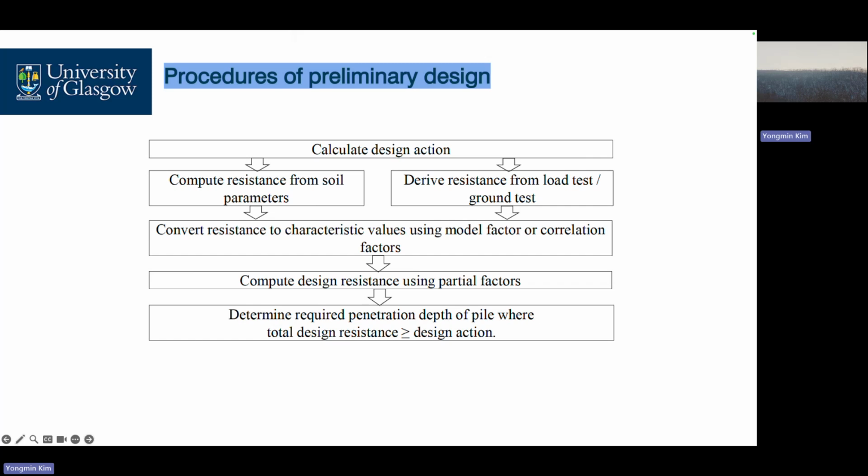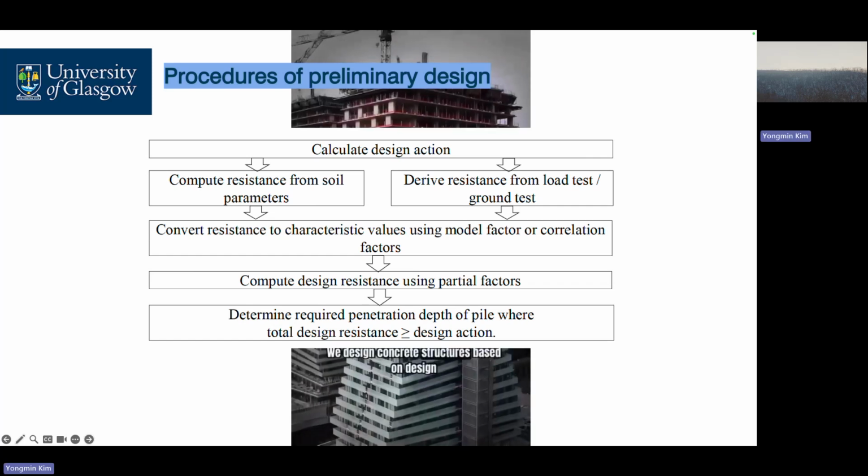Then compare design action and design resistance. Of course, our design resistance should be higher than design actions. Then you can decide number of piles and pile lengths.